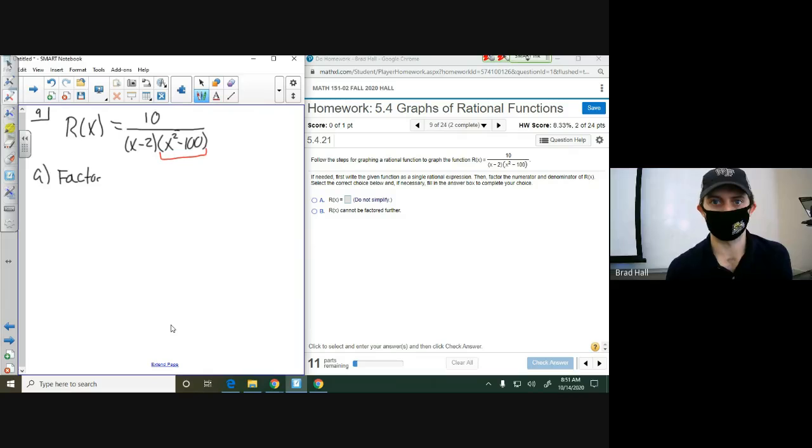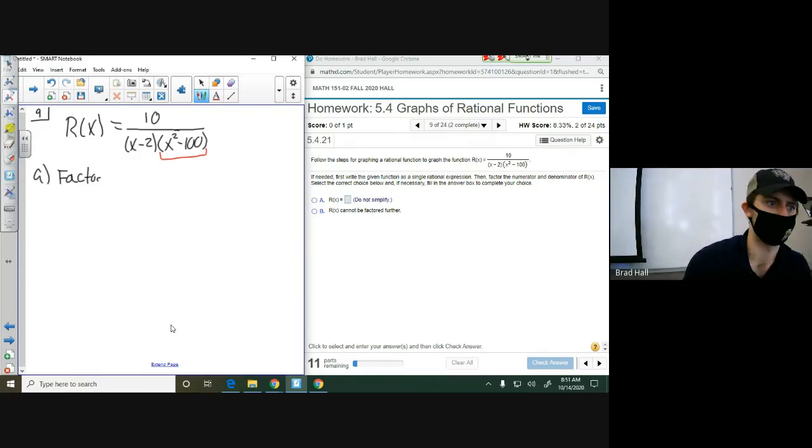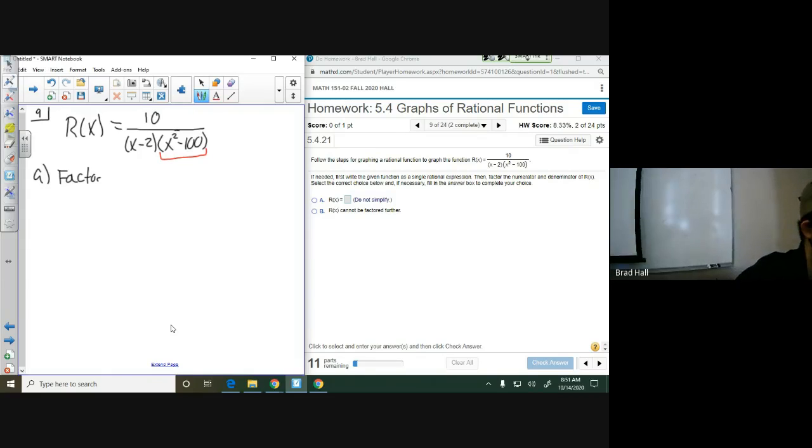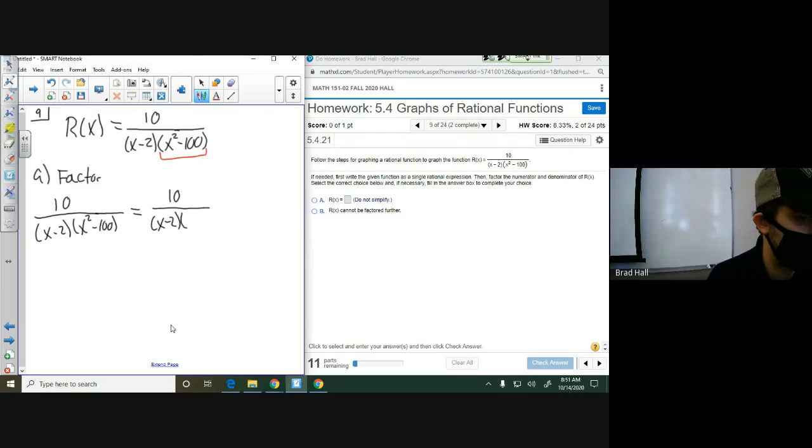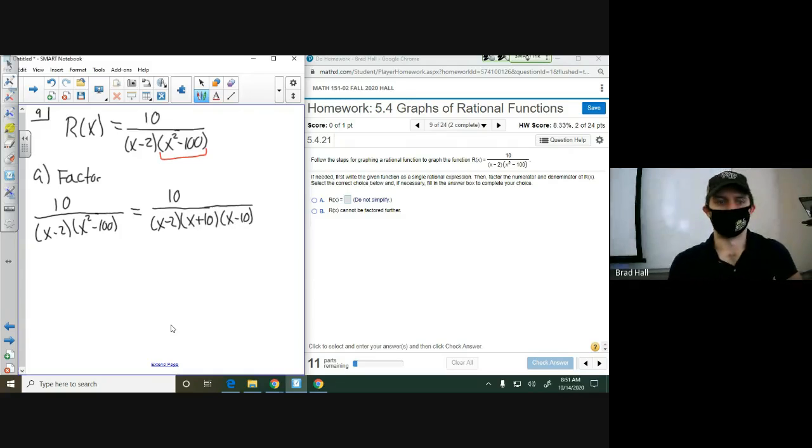two squares. And so hopefully by now you know or remember what this equates to, as I'll write momentarily here. So x minus 2 stays the same. That should be fine. But the difference of two squares tells us it would be x plus 10, x minus 10. And the reason I'm using 10 is because that is the square root of 100.